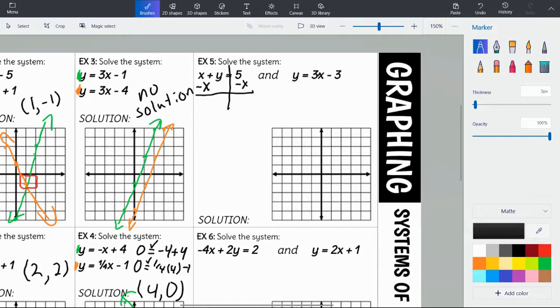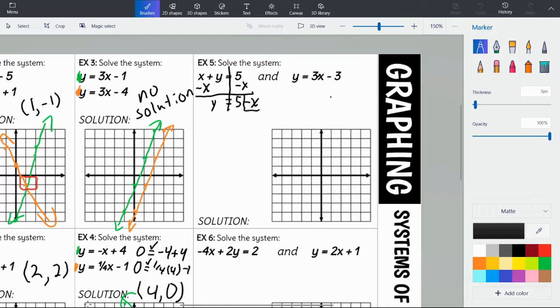So we can subtract x from both sides of our equation. y equals 5 minus x. Still not in slope-intercept form. We have two terms though, and we can just switch those around and get y equals negative x plus a positive 5.